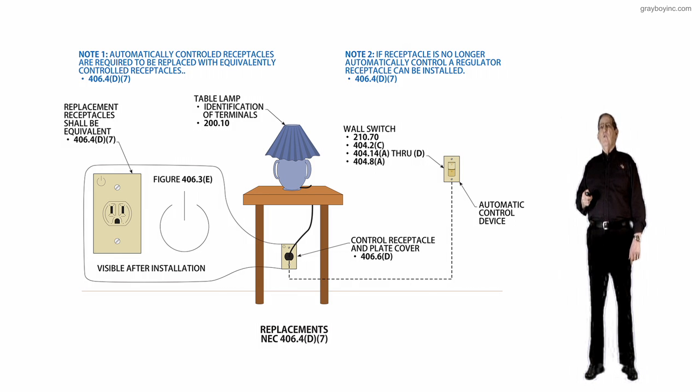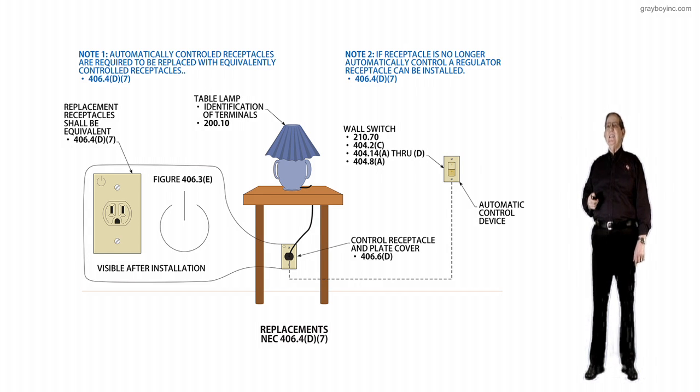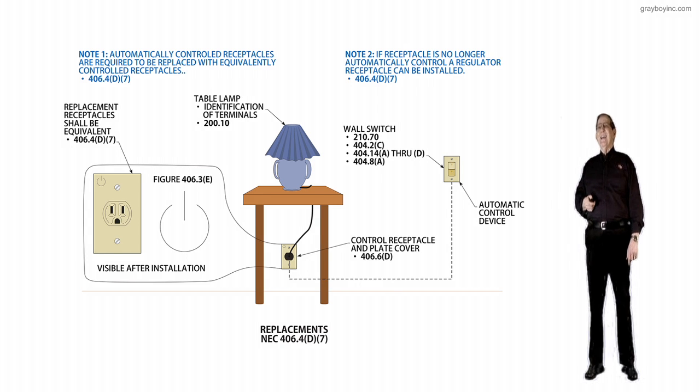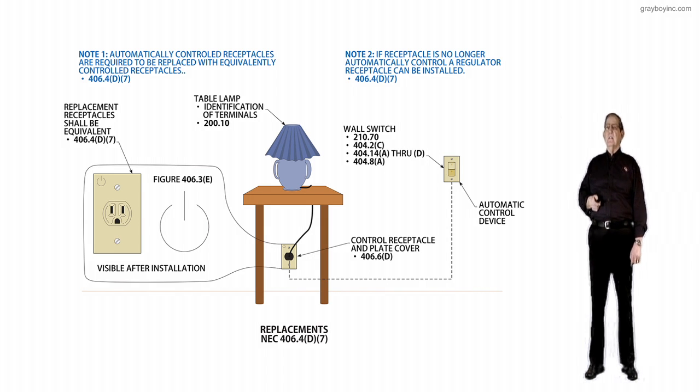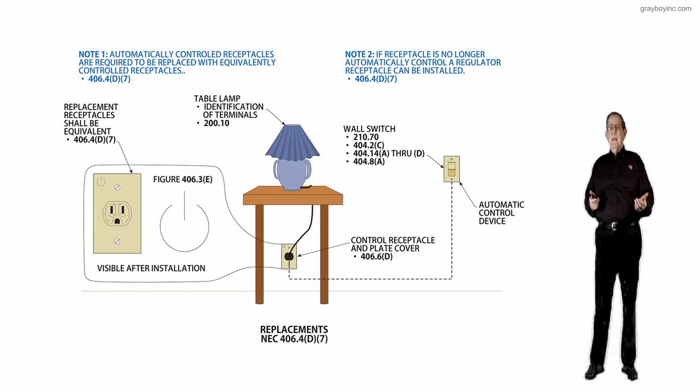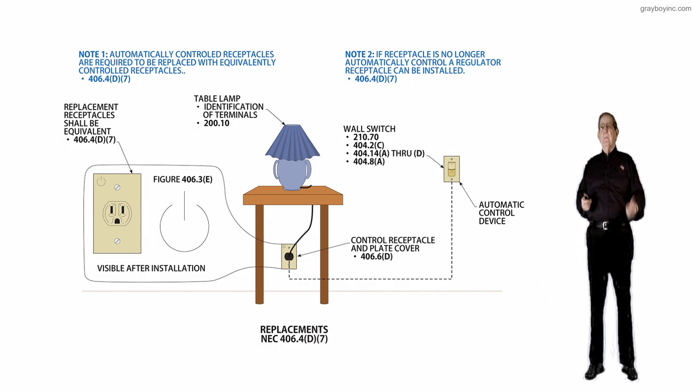And notice 404.2(C), 404.14(A) through (D), and 404.8(A) deals with electronic type switching devices that automatically handle the switching of the receptacle where the cord and plug type equipment connects into it. And of course, you know this is an automatic control device that you're reviewing to the right-hand side of the illustration.